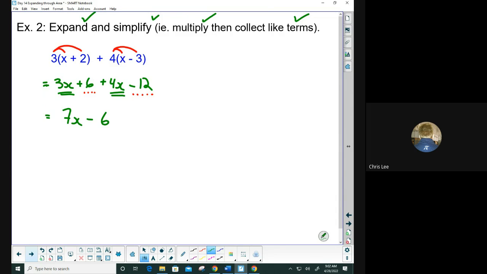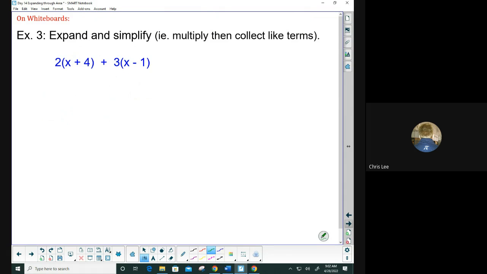You want to try one on your own? Let's go over the whiteboards. Today is the last day of the week, so I'm going to give you the luxury of picking your own group, as long as there's no more than 3 people in the group. Okay? So you can go to any board you want. All right. Okay, so let's try this one.